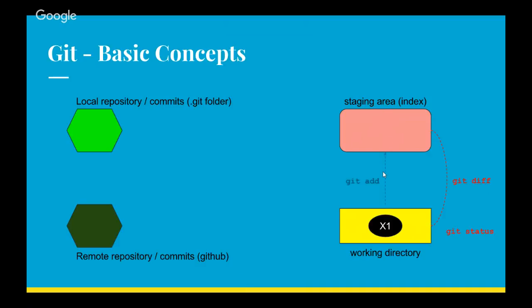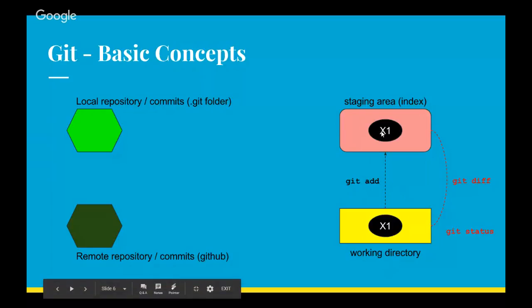You would do a git add to add your changes into the staging area. It doesn't matter if it's a file edit or a file removal or a file addition. You always run a git add to commit something to the staging area. That's how you get your change x1 into the staging area.